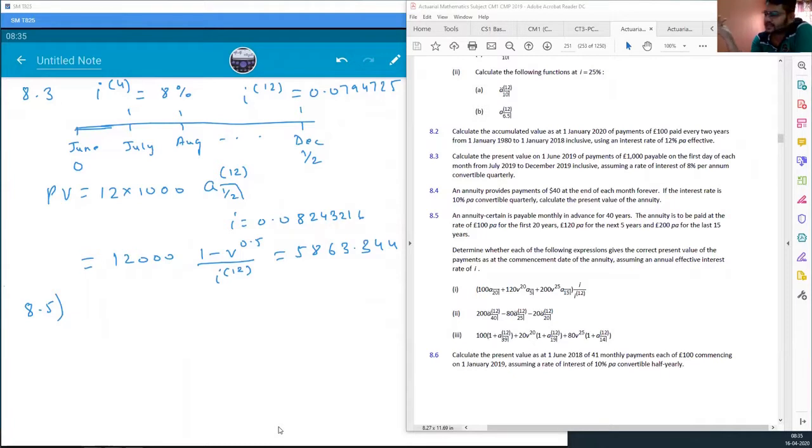That is why we take arrears as the default. But here in this question they have written annuity certain is payable monthly in advance, so in actuality we have to take advance here, not arrears. If they did not write that it is payable in advance, then we would have taken it as arrears, because arrears becomes default. So certain does not mean arrears. It just means everything is known.